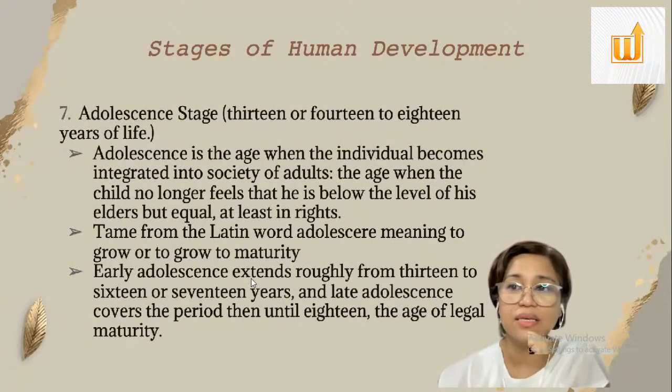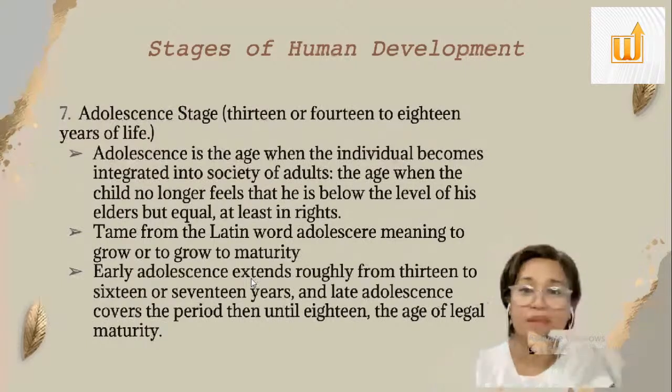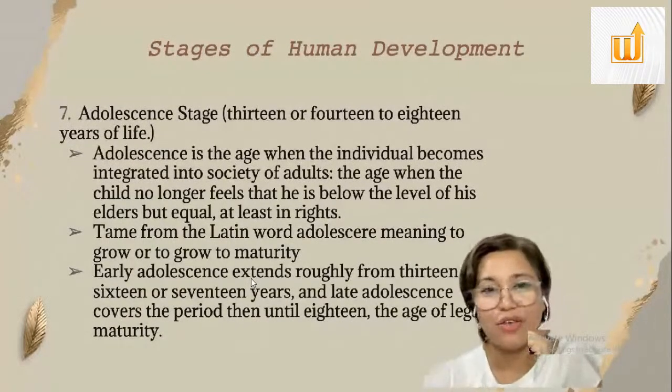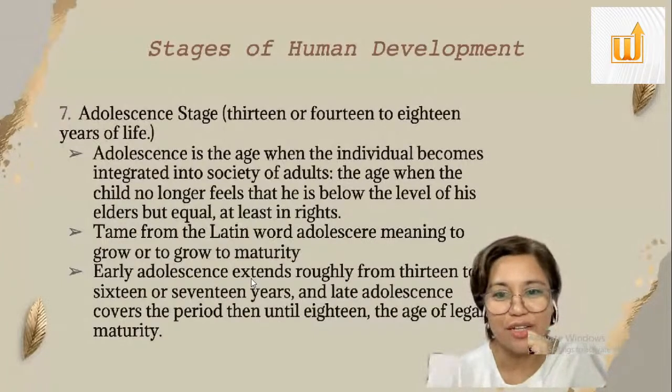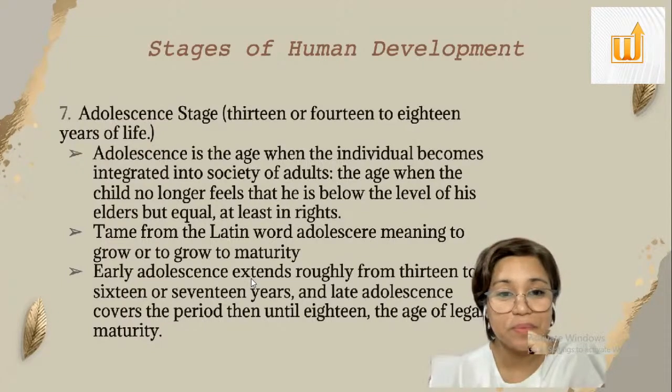Okay, and then we have the adolescent stage during the 14 to 18 years of life, no, until grade 12. So this is where you meet junior and high school children from 14 to 18 years of life.